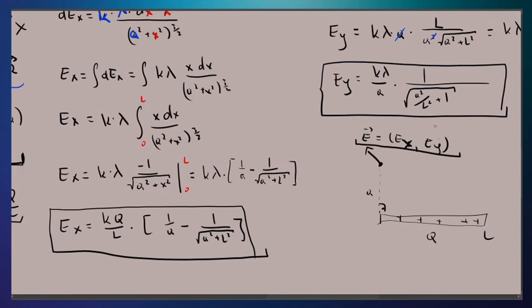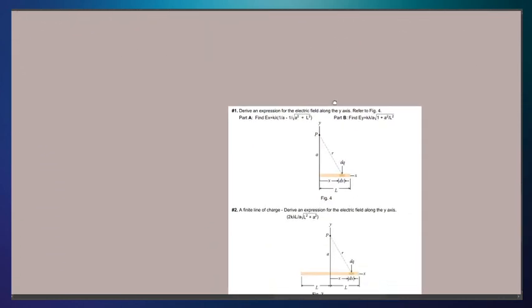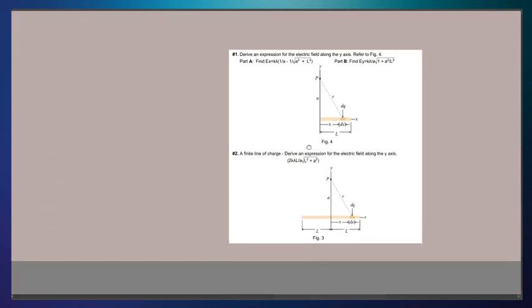And then let's see if I can assign you something. Yeah, so the problem we just solved was this one here. This is the problem we just solved. We found an expression for the X component, EX, and an expression for the Y component, EY, for this specific charge distribution up to length L. Now, I want you to try this one, problem 2.